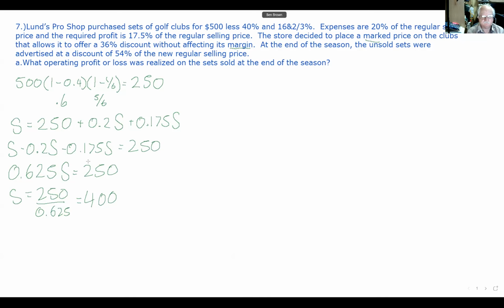So our next step is, we know the price they want is 400. We don't know the artificially inflated price, but we do know that they're advertising a 36% discount.